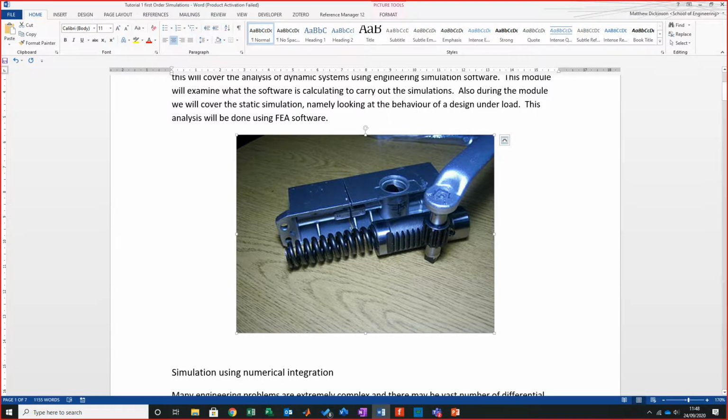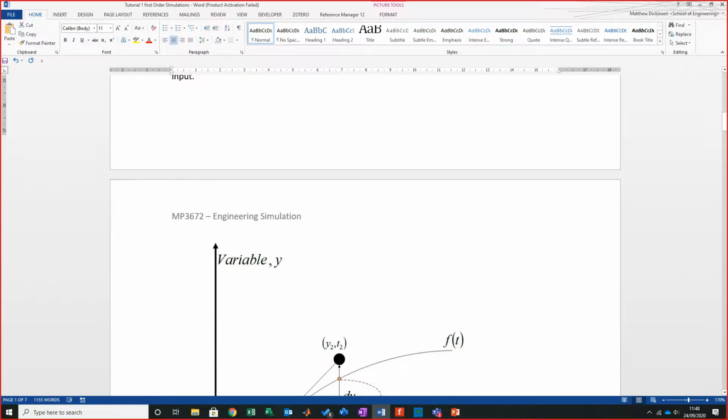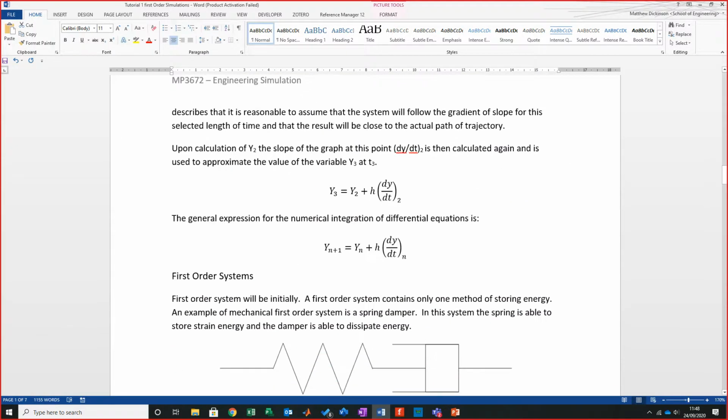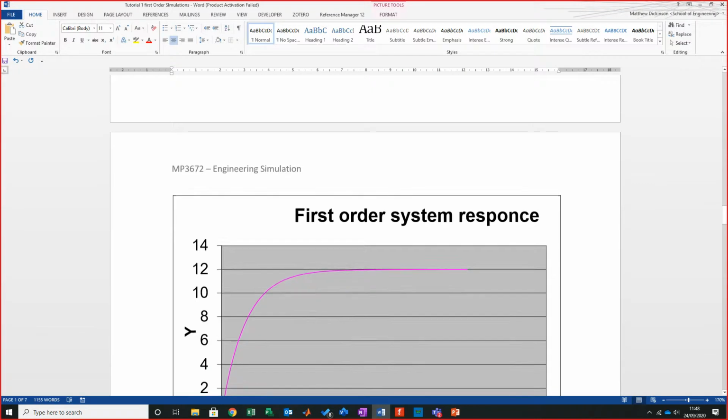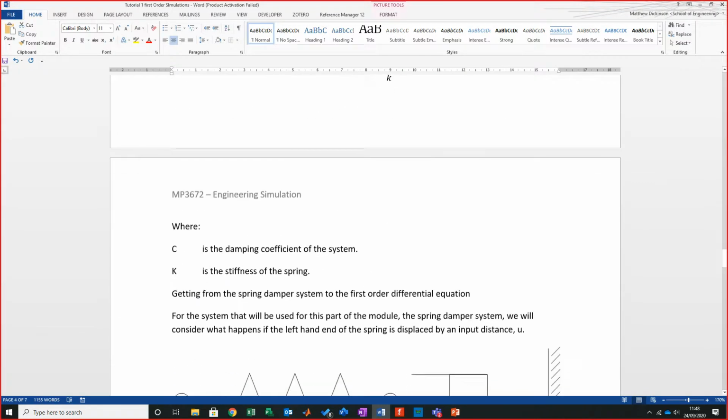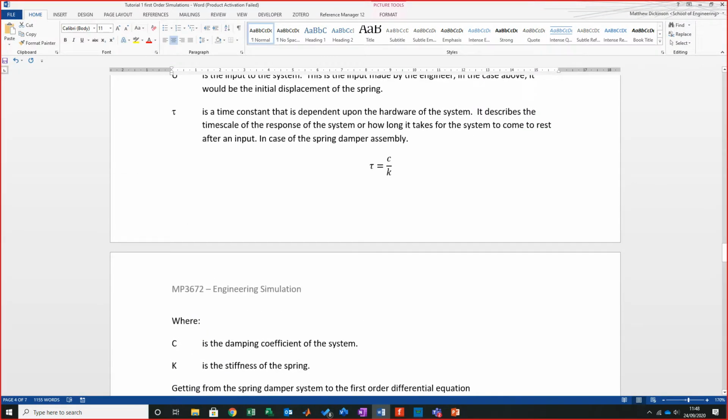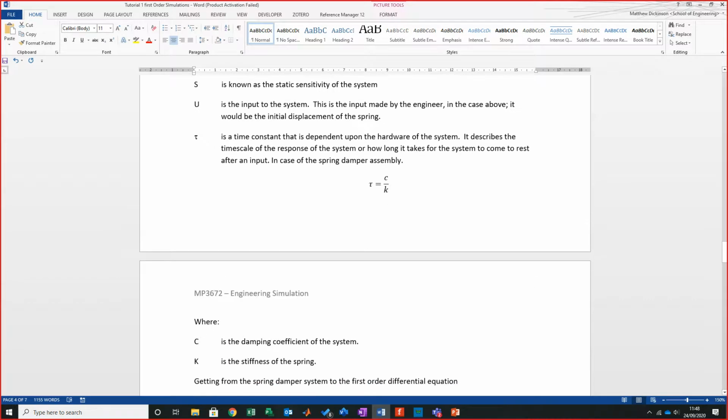Right, so to solve this, let's just pull down to the notes a little bit more. What we need to do is study 3 separate elements of this. So S, again, the sensitivity of the system, our initial input.